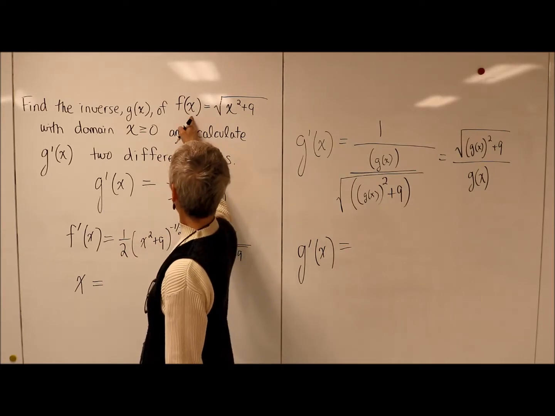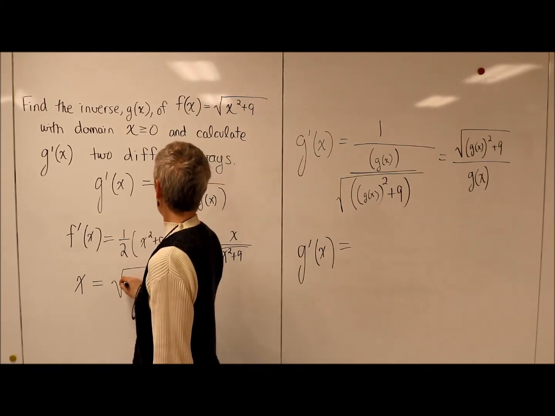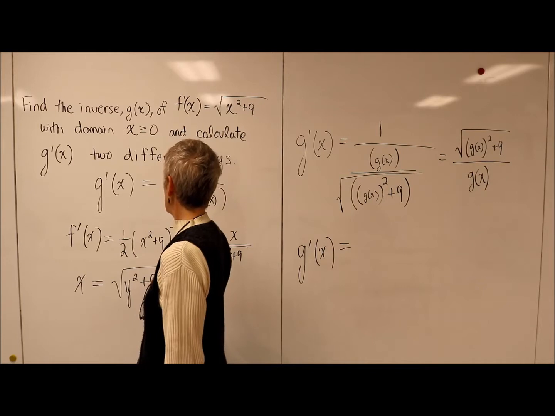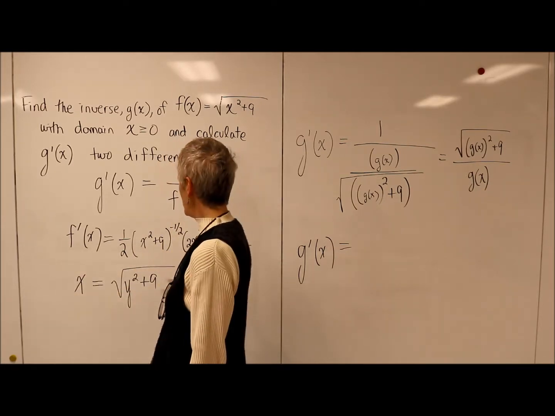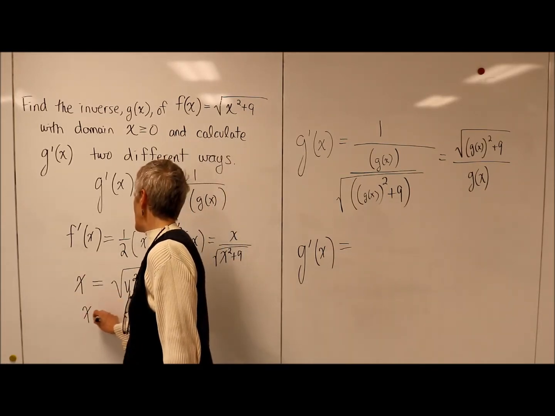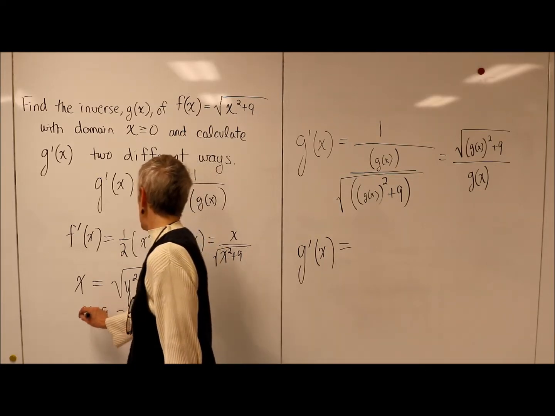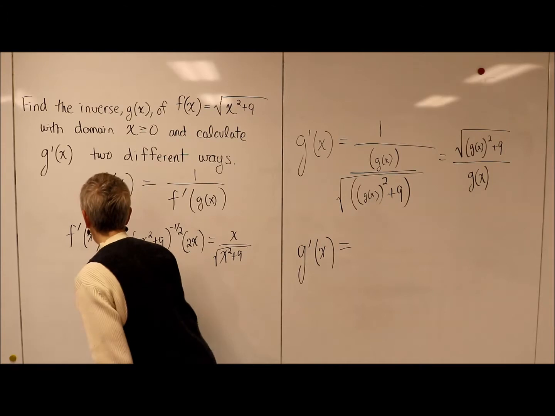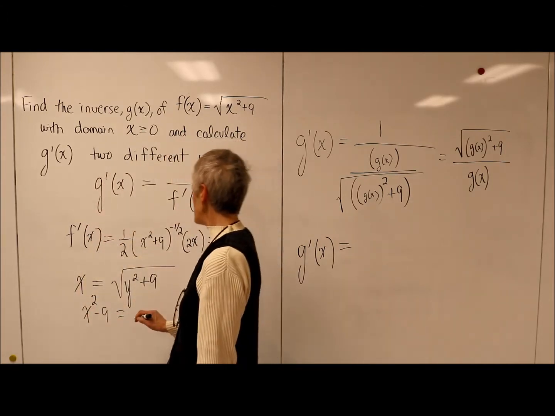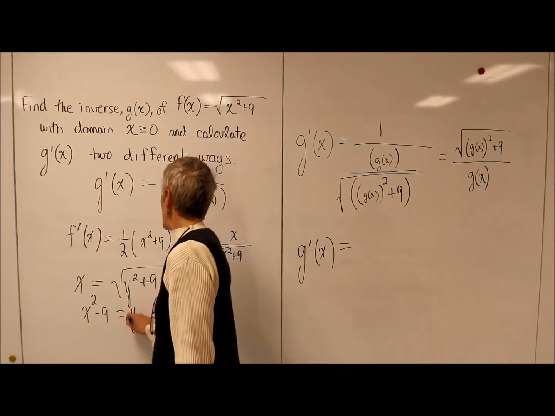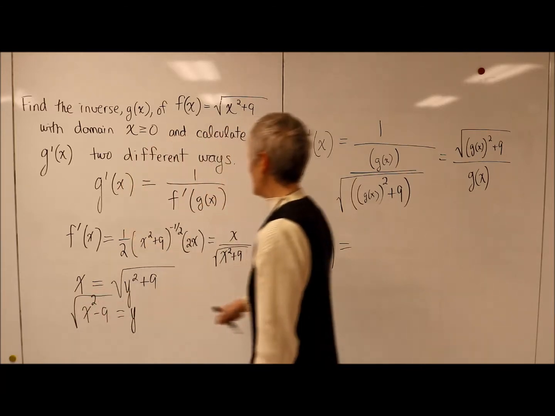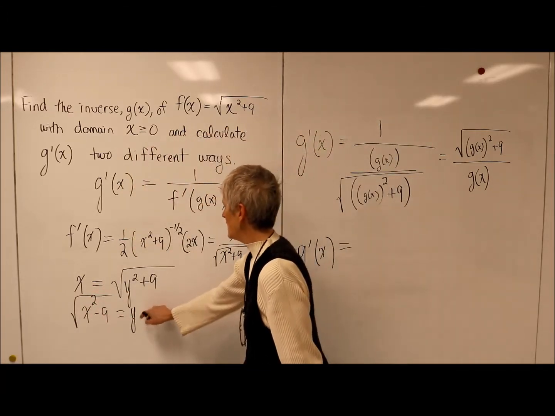So the y becomes the x, and the x becomes the y. And I solve for my y, which I already did just moments ago. So square both sides, subtract 9, take the square root. Okay, so that's my g.